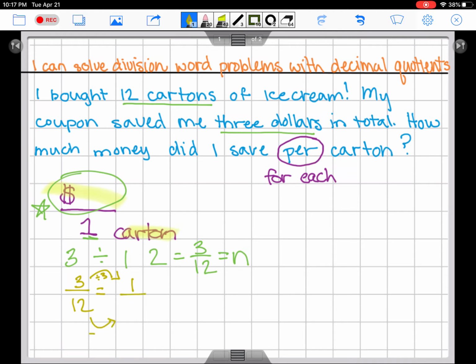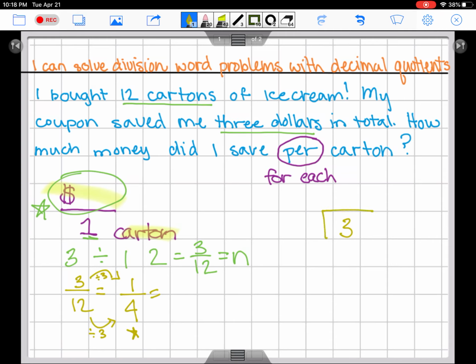If I divide by 3, 3 divided by 3 equals 1. And divide by 3, 12 divided by 3 equals 4. So if you are beginning to memorize your benchmark fractions, you might recognize this as a benchmark fraction. I will go over what that benchmark fraction equals, but not yet.